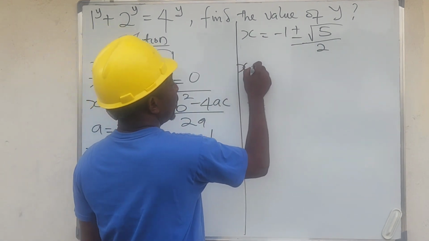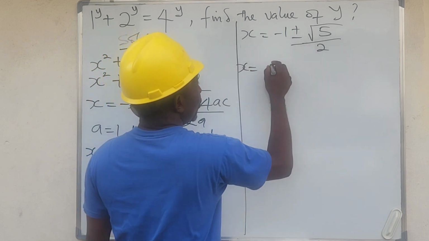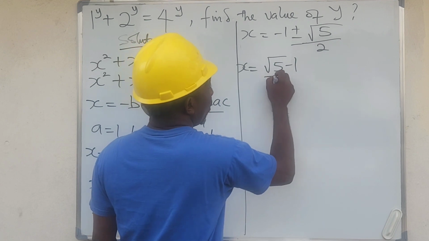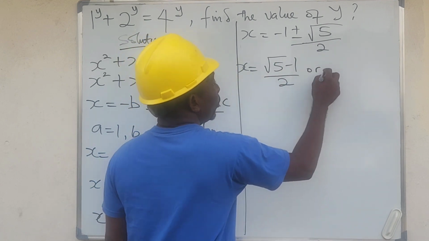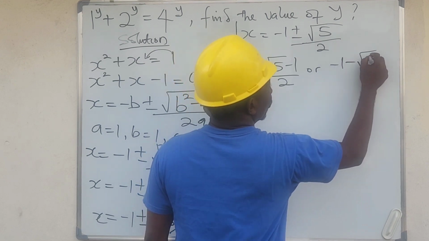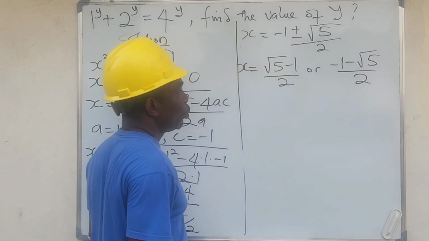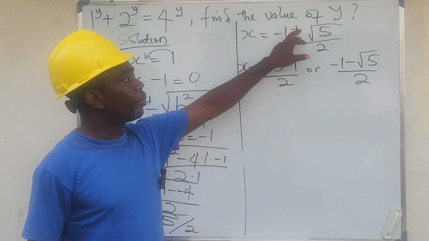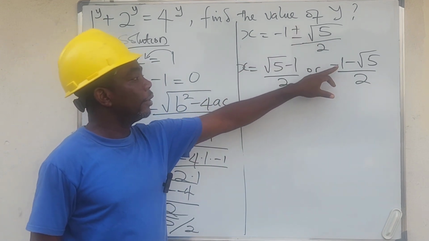So we have x equals the square root of 5 minus 1, all over 2, or we have minus 1 minus the square root of 5 all over 2. So those are the two values of x. We take the first positive one and we take the negative one.